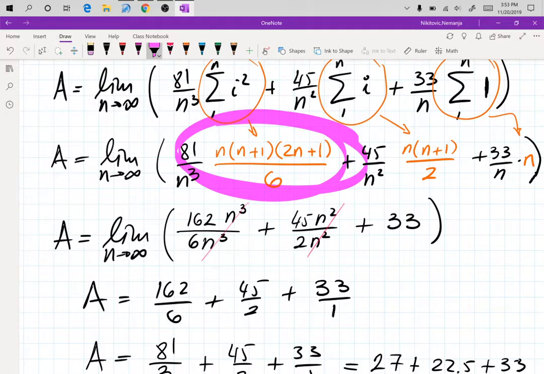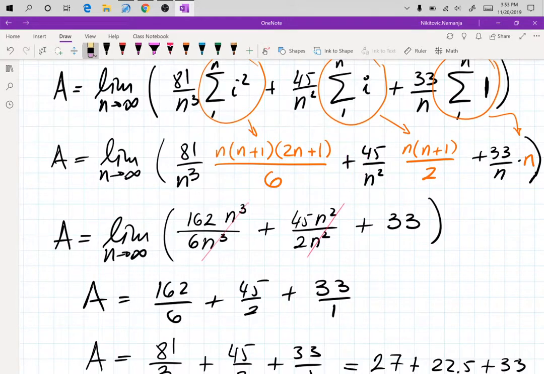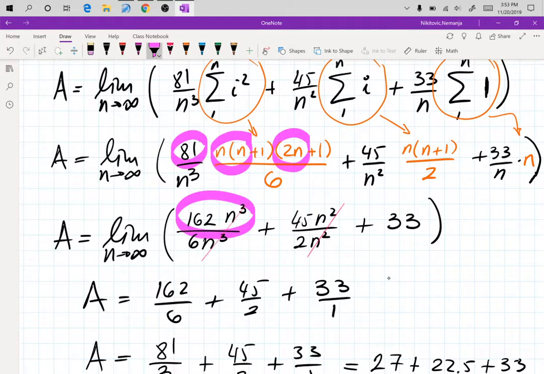I only look at the highest power because I know that all of the other ones will be gone once I apply the limit. So what I did here is I said 2n times n squared is 2n cubed times 81 is 162n cubed. And I ignored everything else because everything else is going to produce terms that are less than n cubed. And when I divide them by n cubed, they are going to go to 0 in the limit.